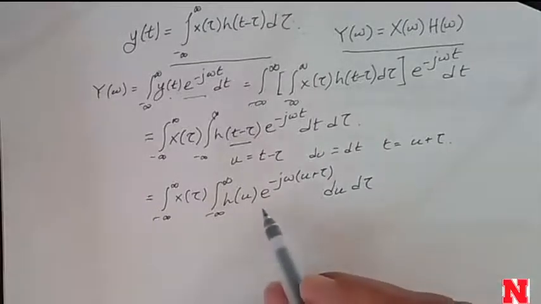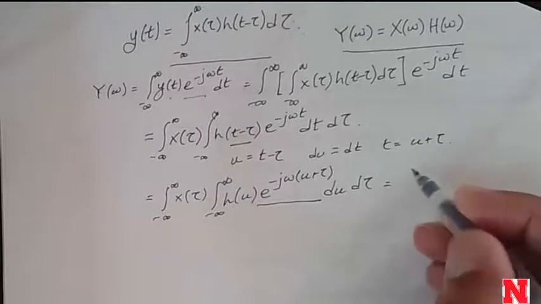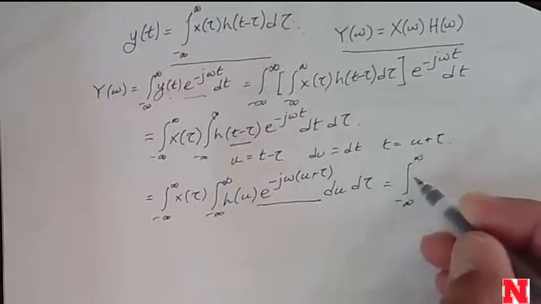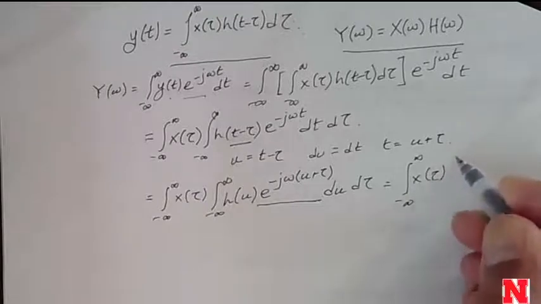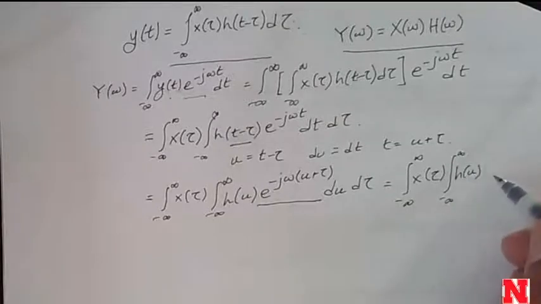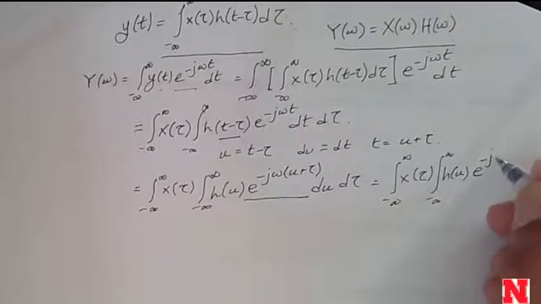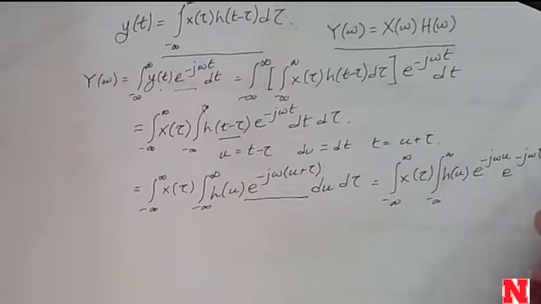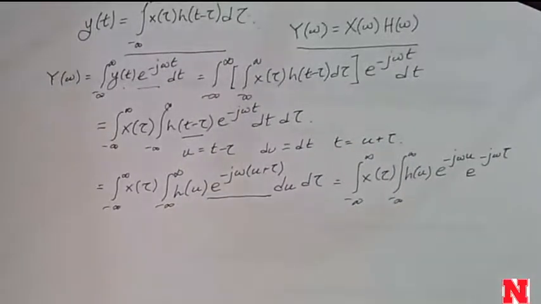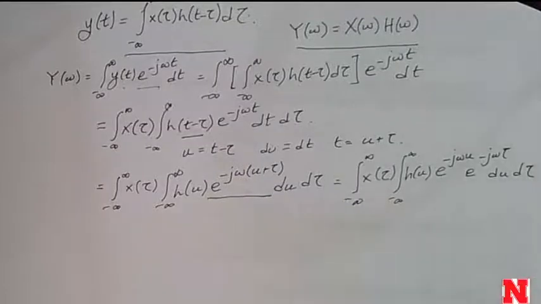Now let's split this one up. I can write this as the integral from minus infinity to infinity of x of tau, integral from minus infinity to infinity of h of u, and then I can write this as e to the minus j omega u times e to the minus j omega tau, with the inner integral du and the outer integral d tau.